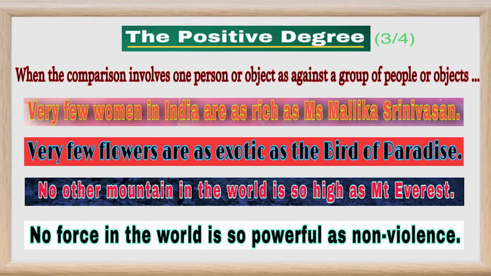Here are four more examples of the positive degree, which are somewhat different from the ones we have done so far. In the first two examples, the phrase very few plus noun suggests that the comparison subsumes more than two persons or things.